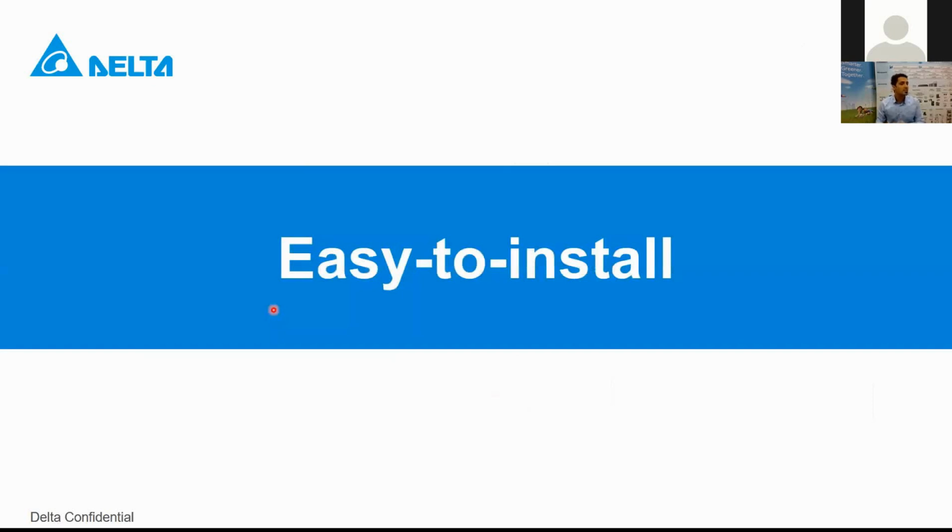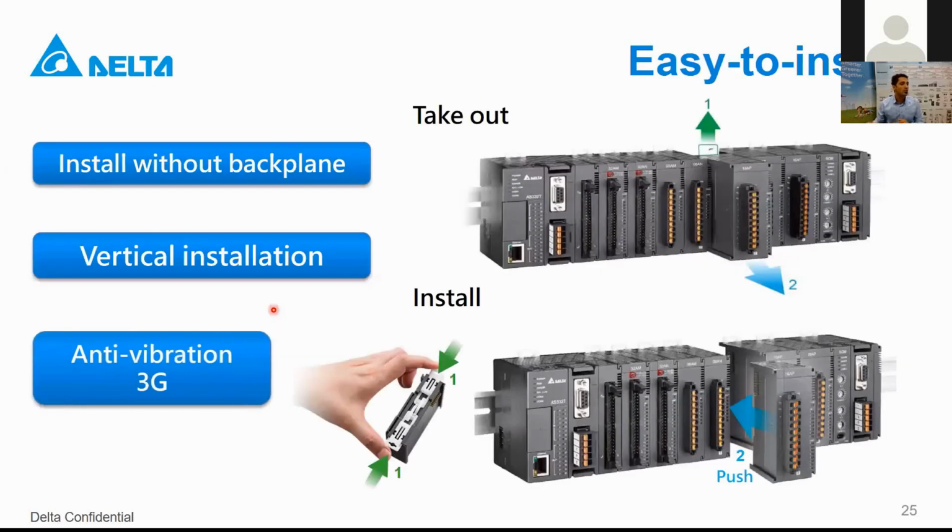And yes, it is easy to install. Why are we calling it easy to install? Because here you see in one rank, if we want to change one of the modules, we don't need to break all of them. We can pull them separately. There is a clip, so you just pull it up, take the module out, and push it back to change any module. So you don't need to break the whole configuration.